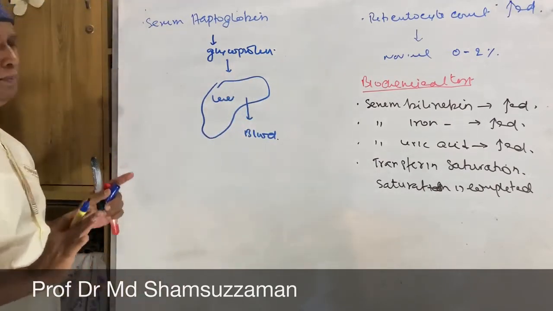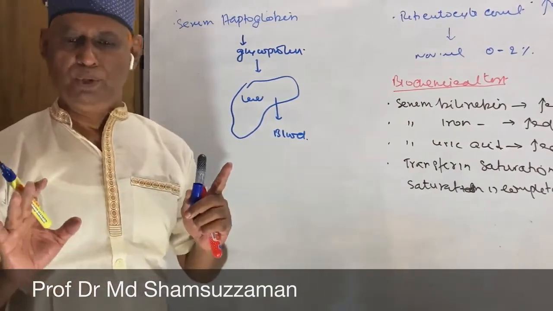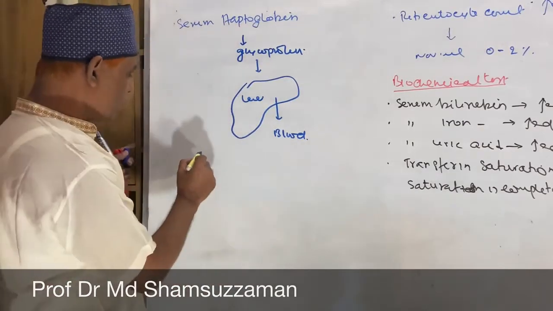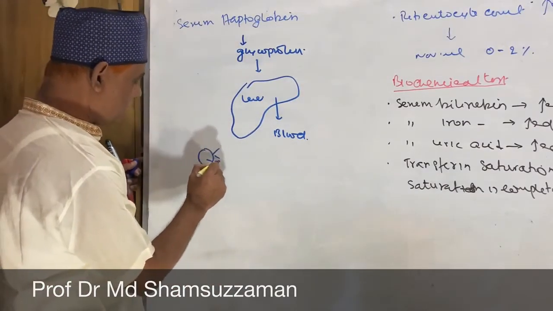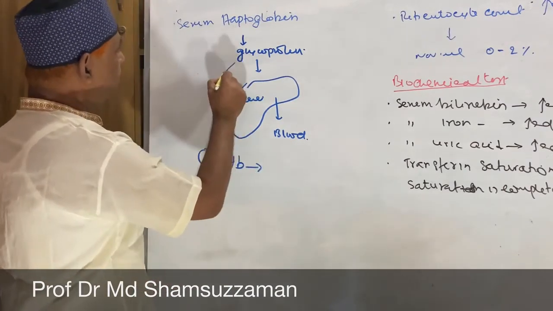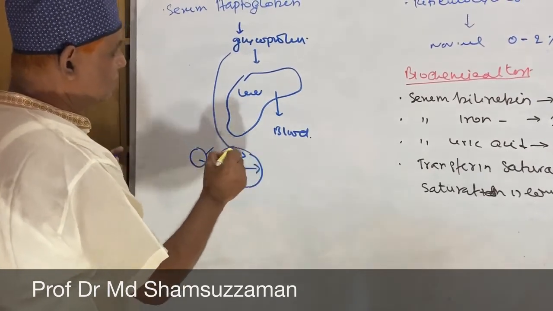What is the role of haptoglobin? On an average, after 120 days, our RBC is hemolyzed in the body. And from the normally hemolyzed RBC, hemoglobin comes out. This hemoglobin is taken up by the haptoglobin, and so hemoglobin is not excreted in the urine.